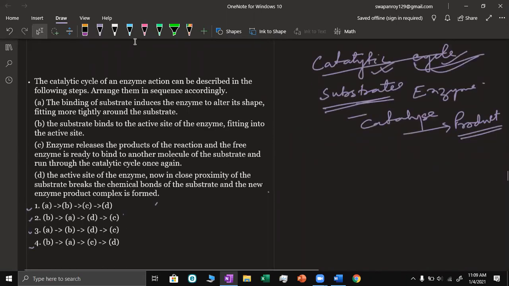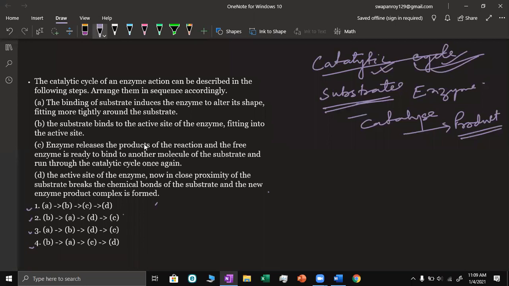Okay, this is the sequence. The binding of substrate induces the enzyme to alter its shape, fitting more tightly around the substrate. The substrate binds to the active site of the enzyme, fitting into the active site.